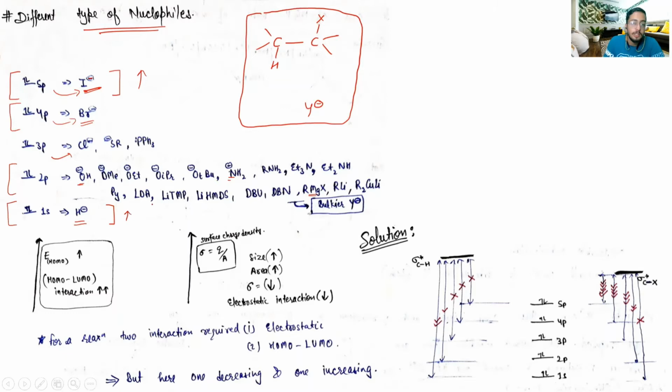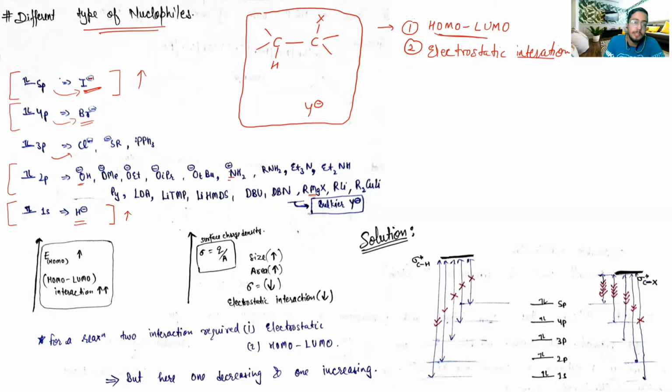1s nucleophile. For a reaction to occur, we have to see two things. First, the HOMO-LUMO interaction, and second, the electrostatic interaction between the molecules. First of all, we will talk about the HOMO-LUMO.